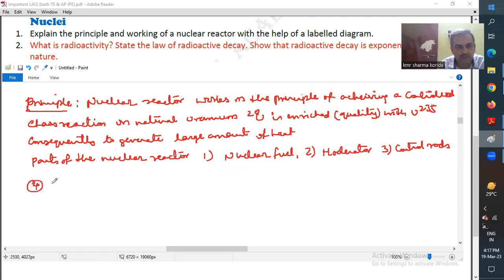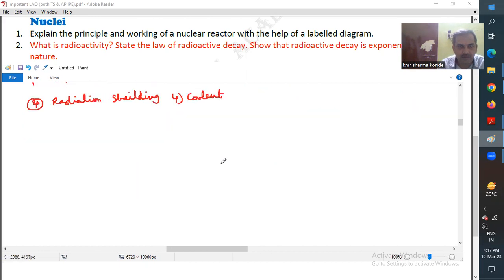Fourth is radiation shielding. And the last one is coolant. Okay, let us try to describe one by one. So start with nuclear fuel.